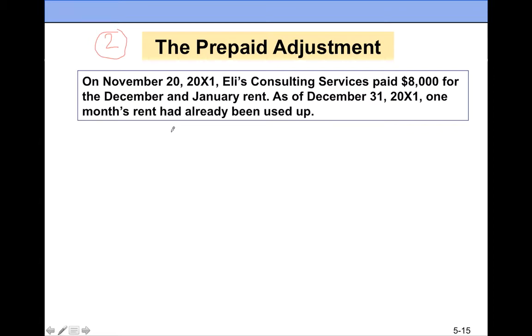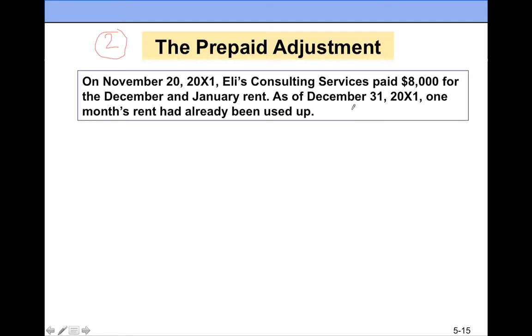So another fancy term for all these adjustments is deferrals. We pay cash first and we defer the use, and then later we defer the recognition of an appropriate expense account.